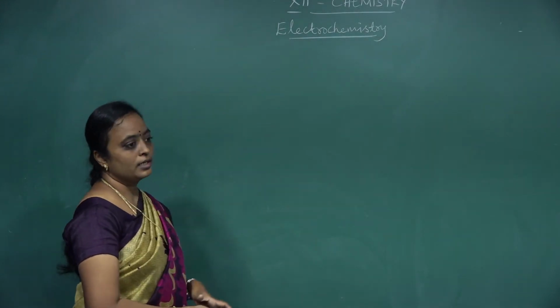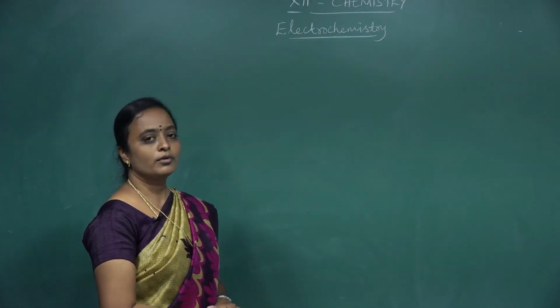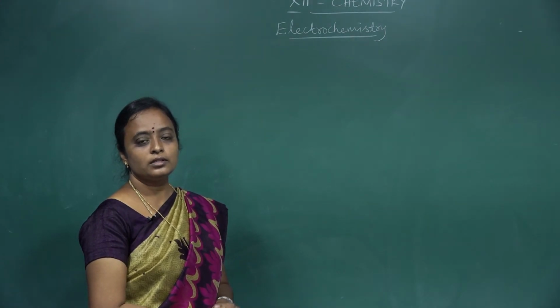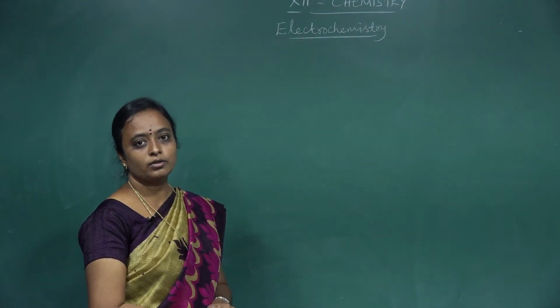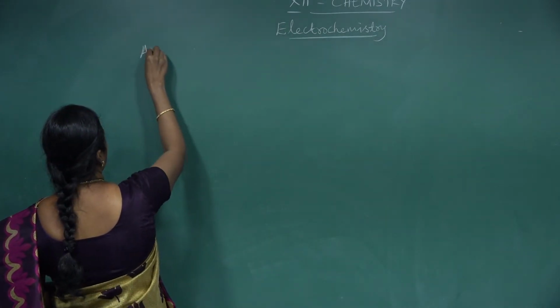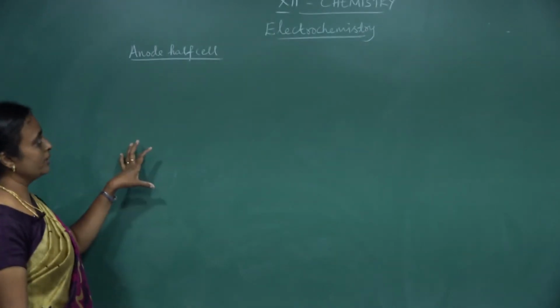As I said before, we are going to take a separate container with the electrode and dip it in the electrolytic solution. First, if you take the anode of the cell, what should be the anode?